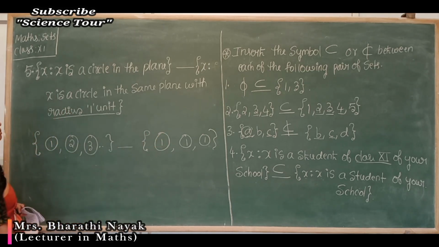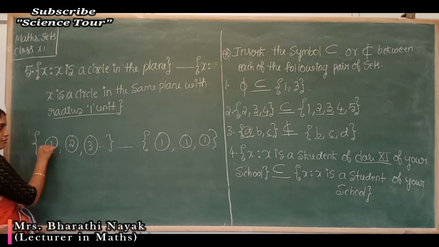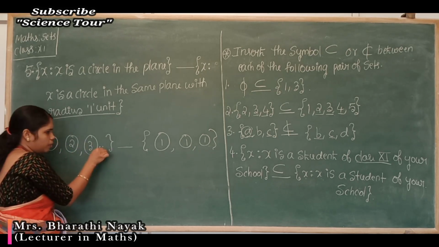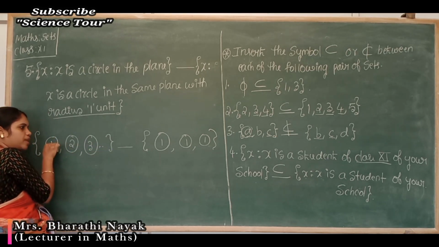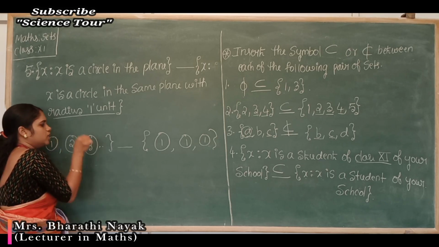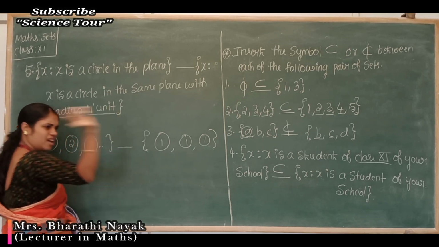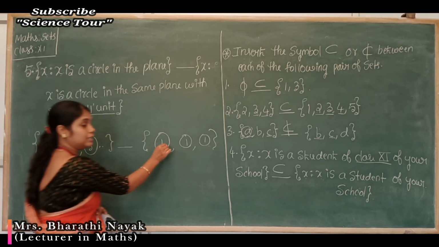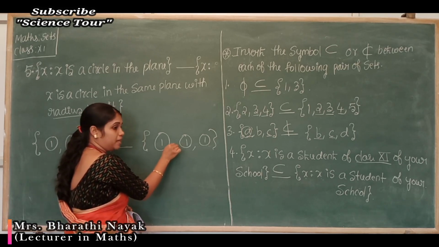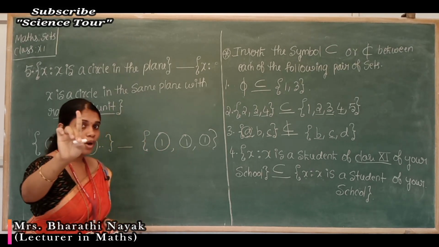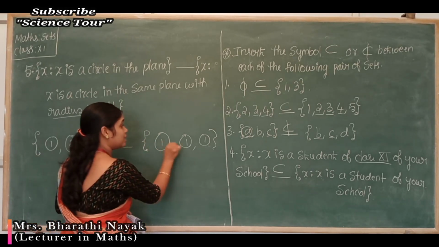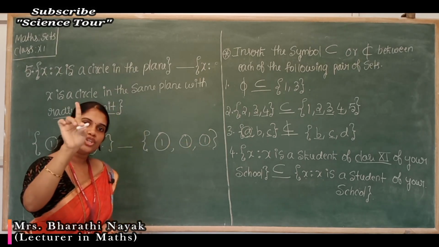So now which symbol? The first set contains all types of circles, with radius 1 unit, 2 units, 3 units, etc. But set B contains only one type of circle, that is the circle with radius 1 unit only.